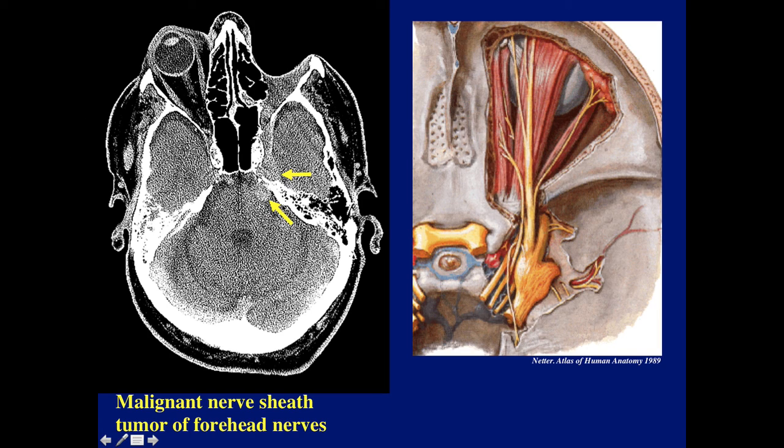And notice the mass here and the enlargement of the cavernous sinus. So again, the malignant tumor of the orbit has traveled now along the V1 fibers all the way back to the prepontine cistern and the cavernous sinus.